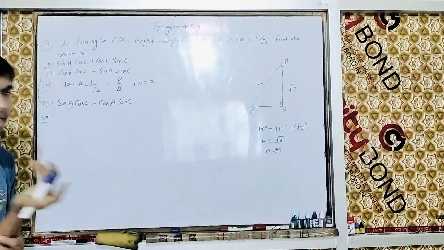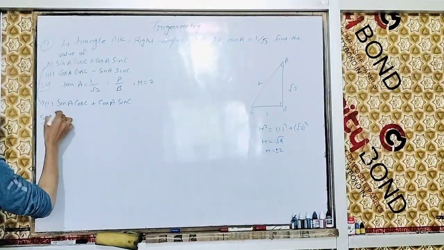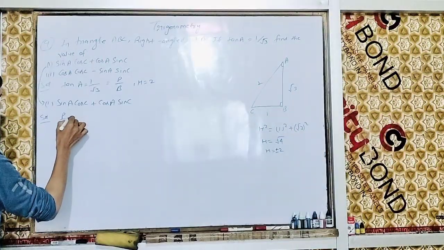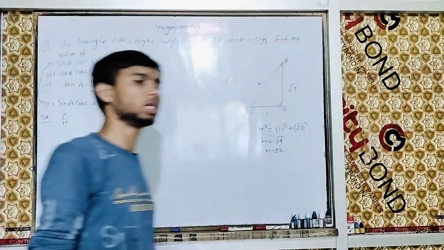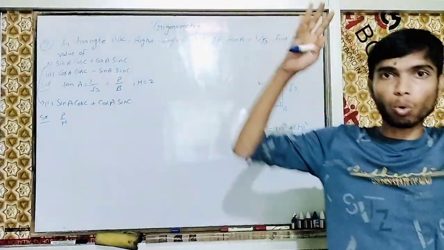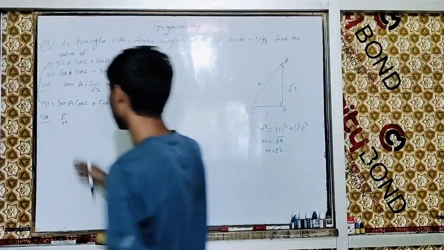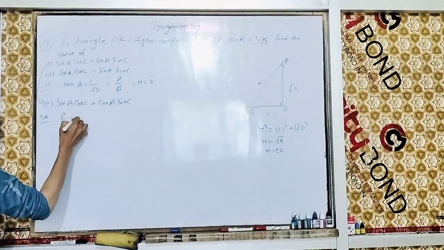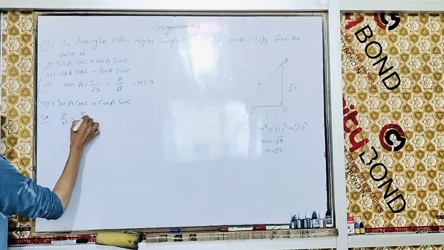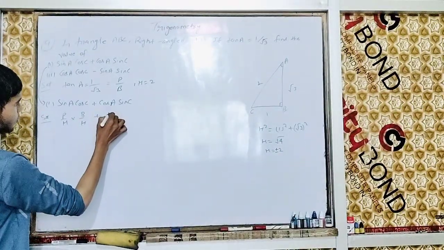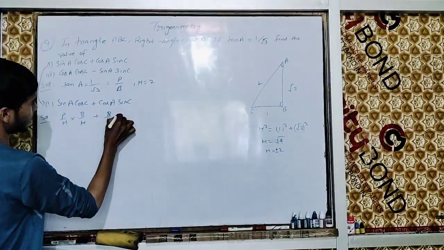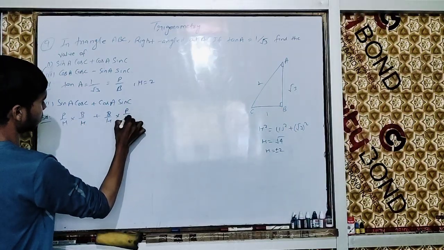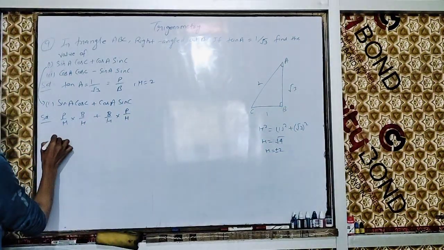The ratio for sin A is P upon H, and remember, you will have to pay attention to theta. Here this is sin A, multiplied by cos C. So P upon H, then B upon H, then P upon H.